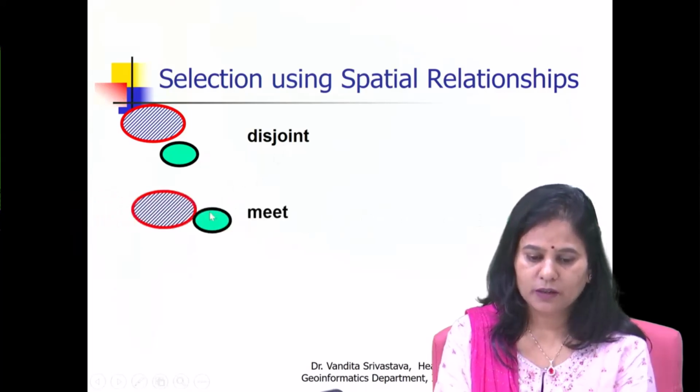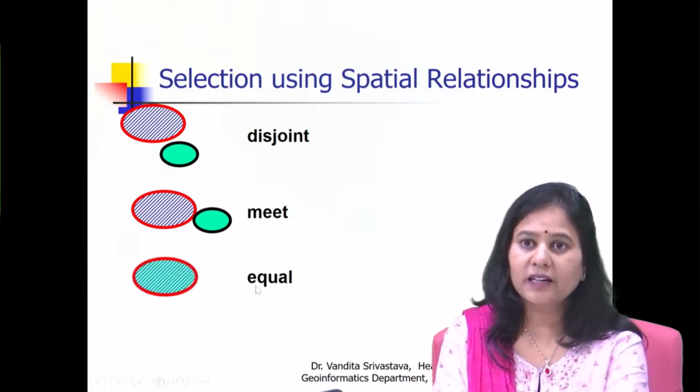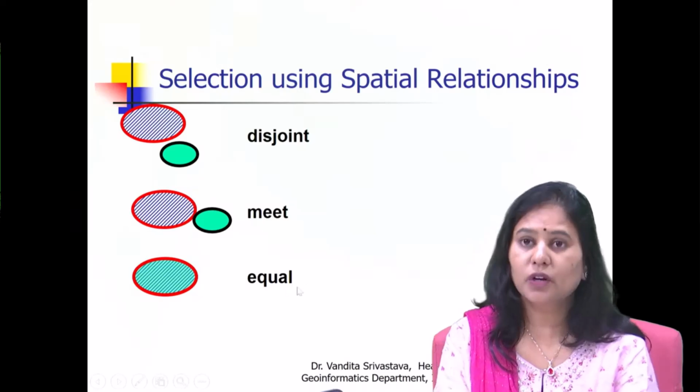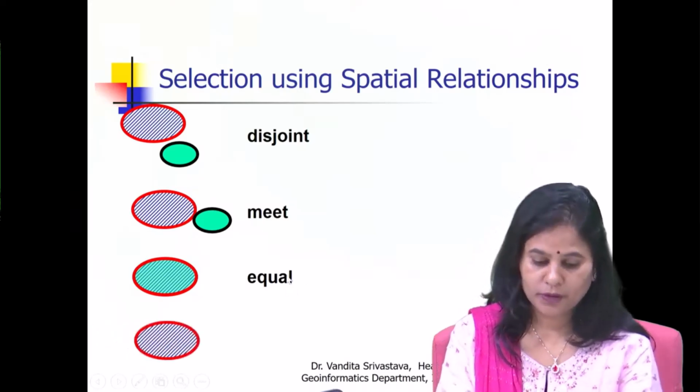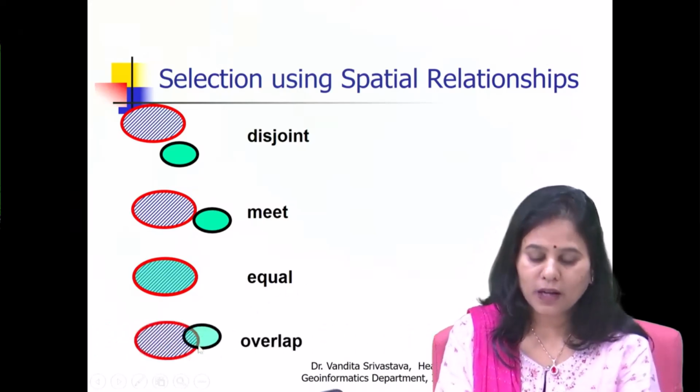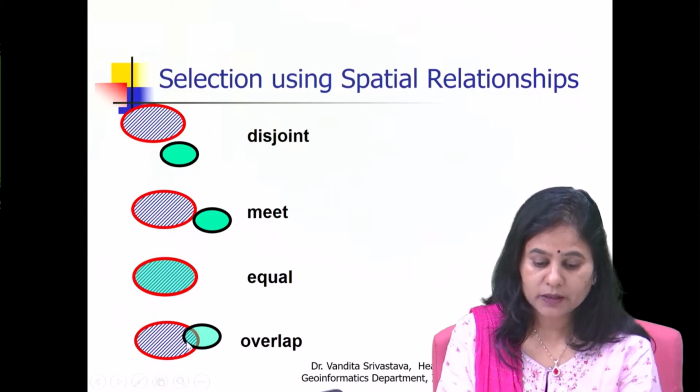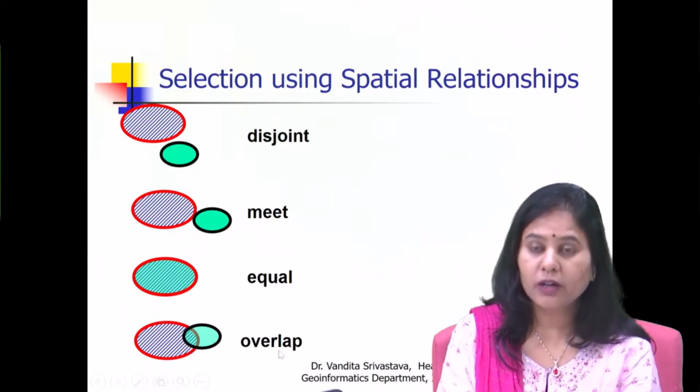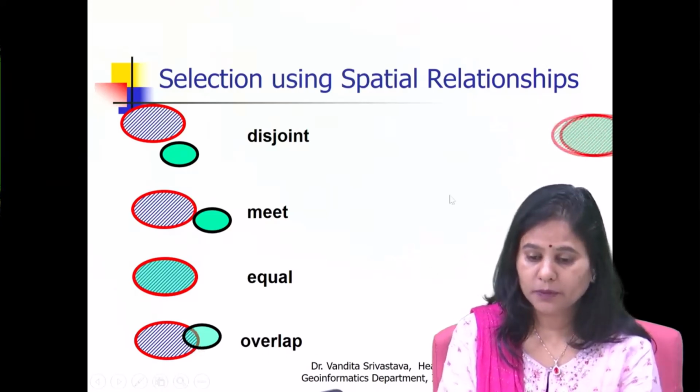When they touch, when they meet, this is called meet. When they exactly fit one over the other, it is called equal relationship. When they overlap, meaning some part of A is falling in B and B is falling in A, this is an overlap situation, so we call it overlap relationship.